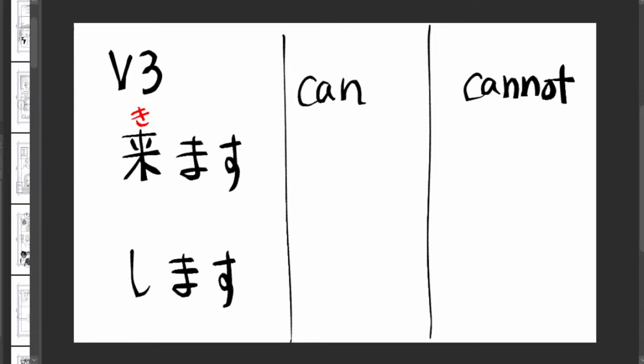So to say that you can come, I can come today, for example: 今日来られます. Use the same kanji and then you put rare there, mas. But the reading becomes ko. 来られます.